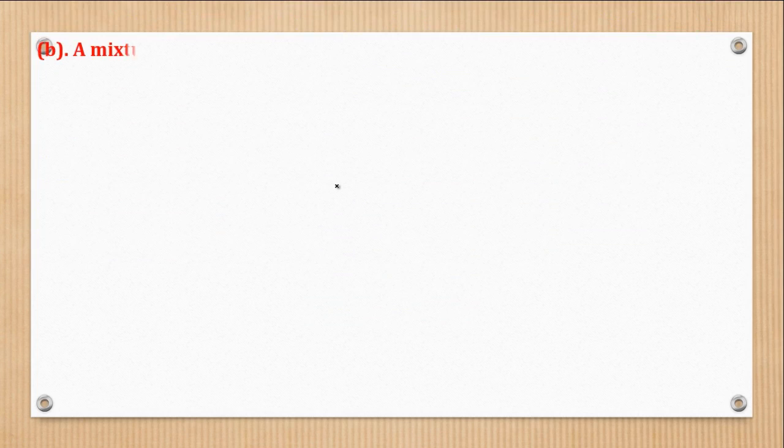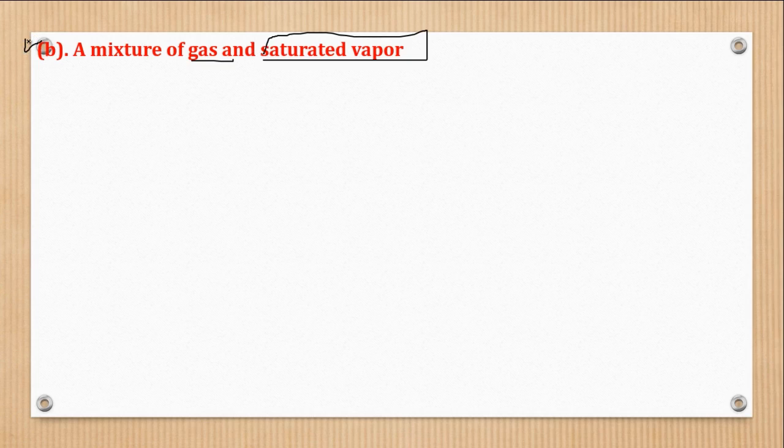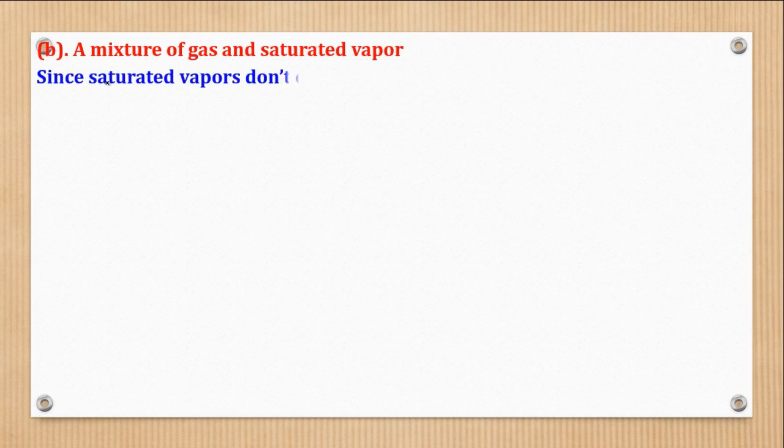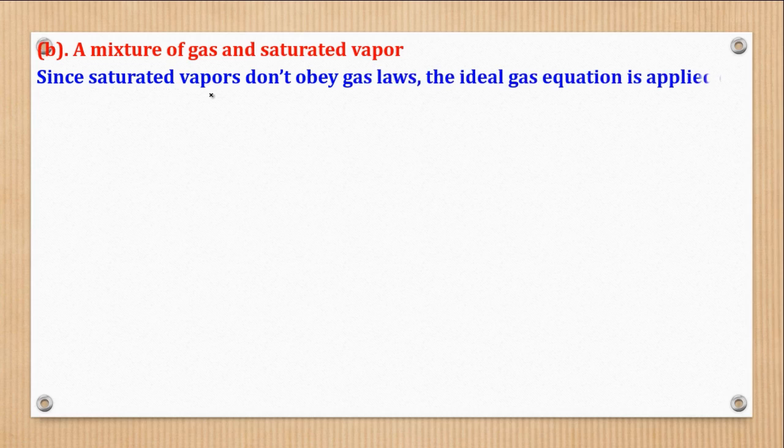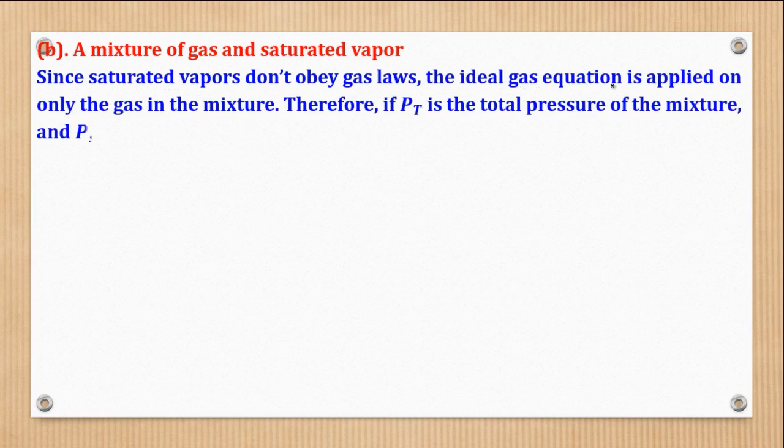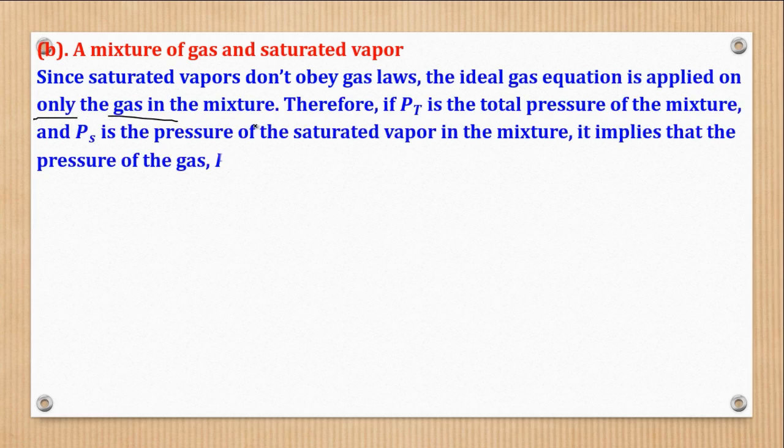What if it is a mixture of a gas and saturated vapor? This is our main interest, because one obeys gas laws and the other does not. So since saturated vapors do not obey gas laws, the ideal gas equation is applied on only the gas in the mixture.